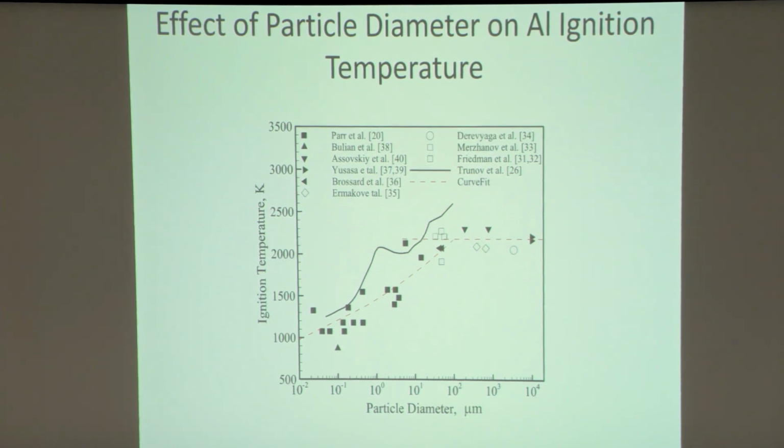So for these larger particles, until that oxide melts and is free to move on the surface, there are different surface tensions of the molten aluminum, which melts at about 930 Kelvin, and the molten oxide on the surface, which is going to start moving around. The aluminum oxide will start forming what looks like a lobe and open up some free surface. Until that happens, I don't have ignition for large particles. However, as I start going to smaller particles, note that the ignition temperature starts to drop off.